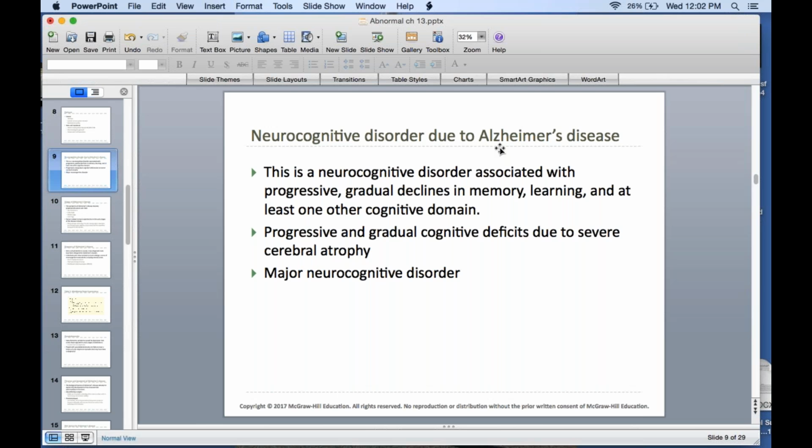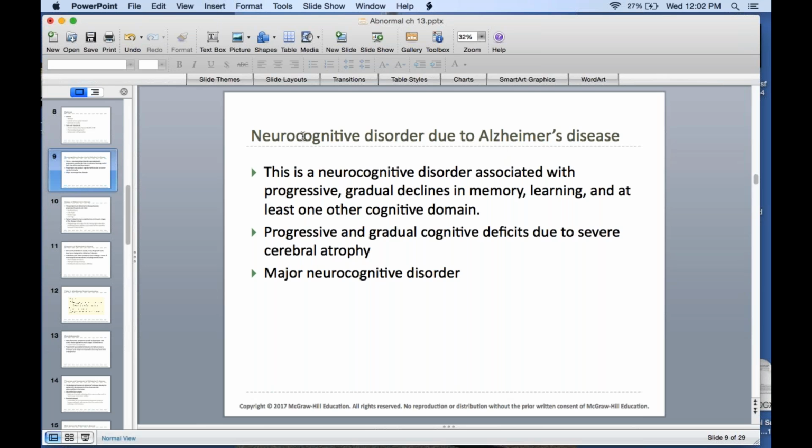Now, Alzheimer's disease. We are going to talk about Alzheimer's disease right now and then again a little bit later in the lecture. But I think it's important to know that not all dementias are Alzheimer's disease. When we talk about dementia, that doesn't necessarily mean you have Alzheimer's, but Alzheimer's disease is a dementia.